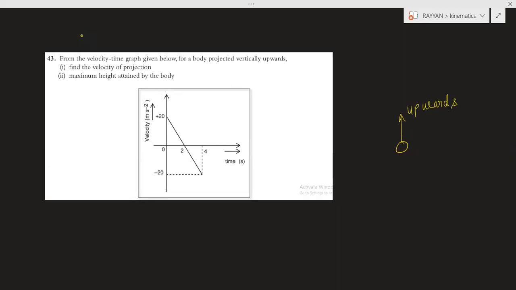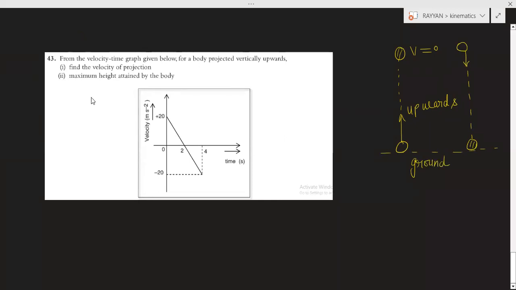So this body will go up and up, and after a certain period of time, this body will have zero velocity, and finally this body will move in the downward direction. So finally this body will be at the ground, and this is the ground.